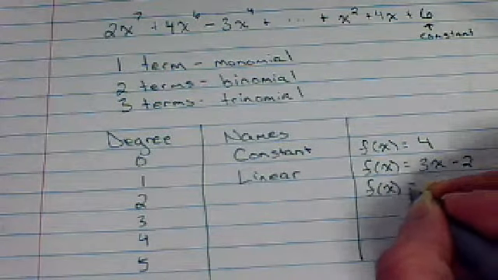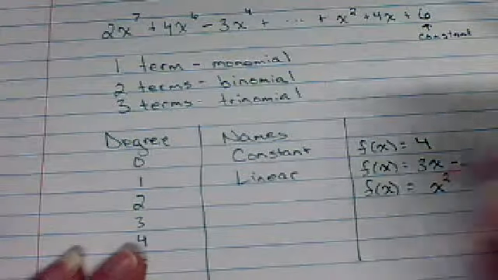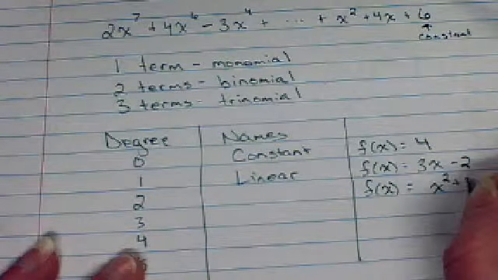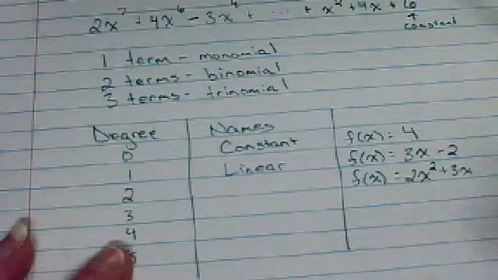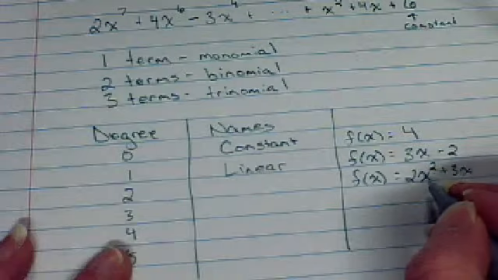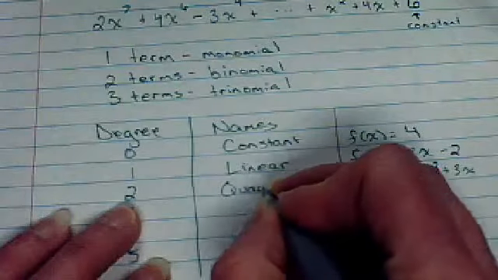The next one would be a degree of 2. That's when you have x squared. Now, it could be x squared by itself. It could be several other things with it. It could have a coefficient in front. As long as the largest exponent is 2, that's called a quadratic.